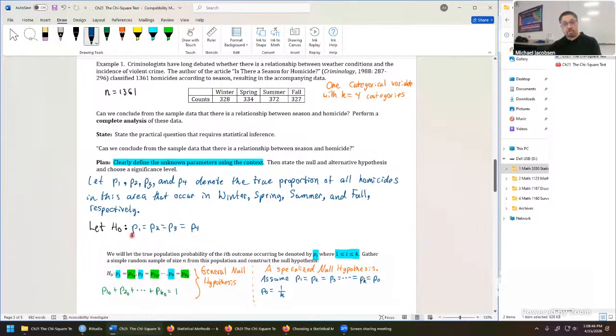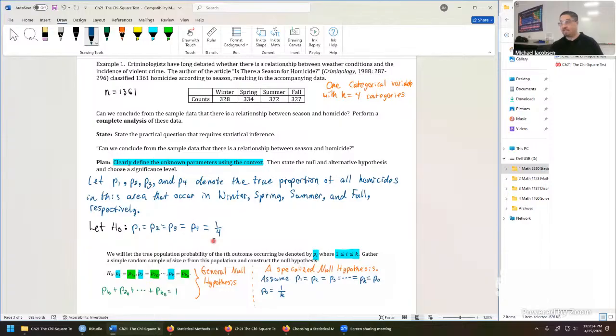If they're all equal to each other, well, they also have to all add up to 1, like we wrote here in green. That means we can write P naught is equal to 1 over K, the number of outcomes. K is 4 in our problem, or just match up that 4 you see there in the subscript. We're saying all of them equal exactly 1/4, or 0.25 if you prefer. So that's our null we're going to test.